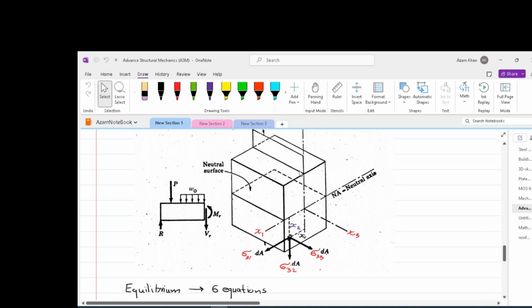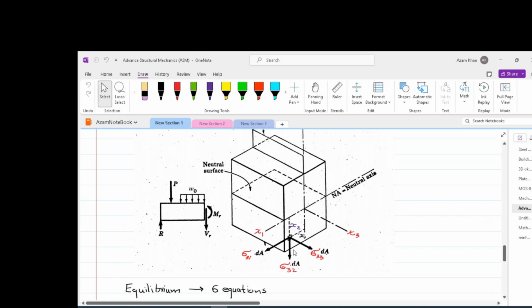We divide the whole area into very small areas of dimension dA. So this whole exploratory section is made up of infinite small differential elements of dimension dA.